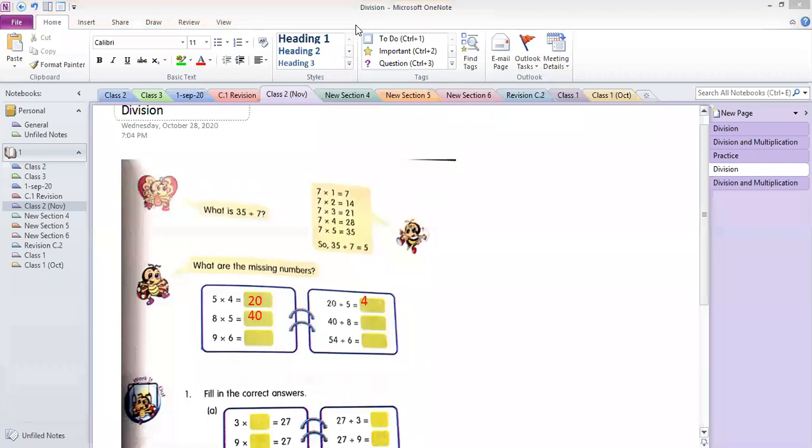Saud. Yes, sir. Saud, can you tell me if 8 multiplied by 5 equals to 40, 40 divided by 8 equals to what? Now, 40 divided by 8 equals to what?